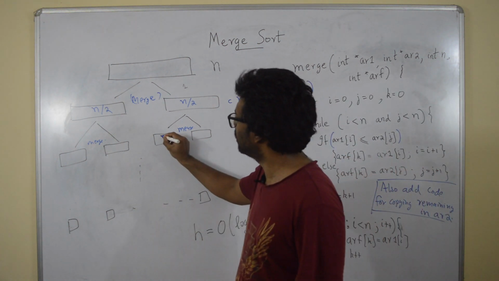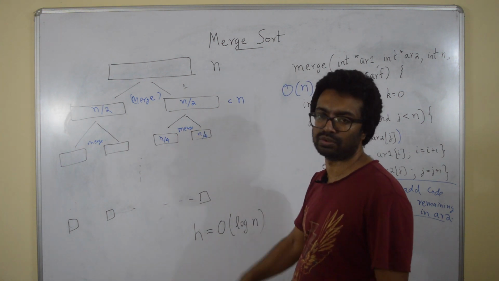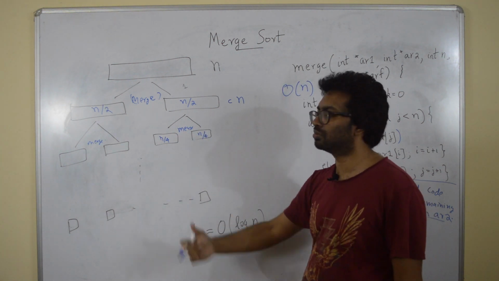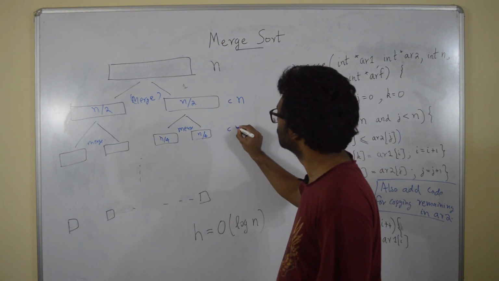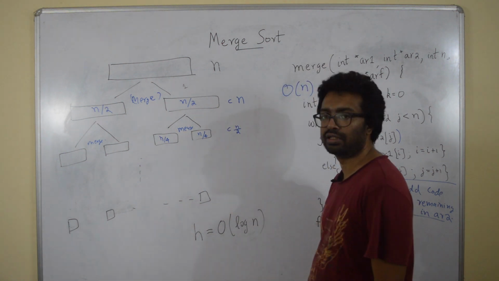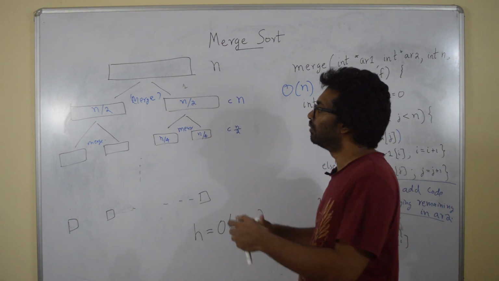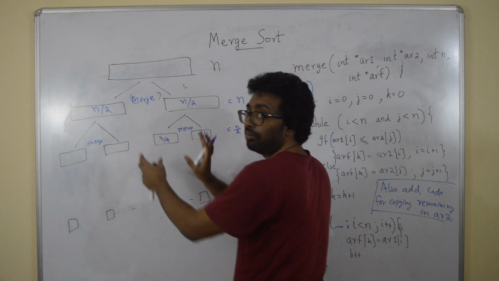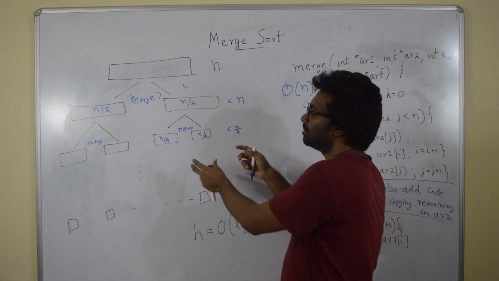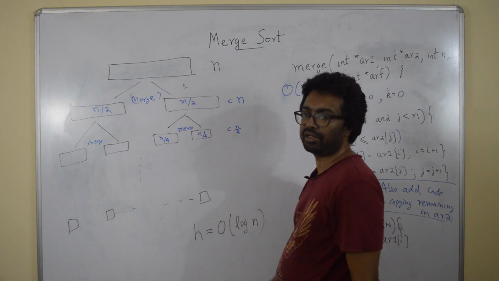And so here in this one it's n by 4 and n by 4. You do a merge on these two things. If you're going to merge these two, how much time is it taking? It's c times n by 2, right? Here it took c times n, where n is the size of these two combined arrays, and here it's c times n by 2 because n by 2 is the size of this combined array.